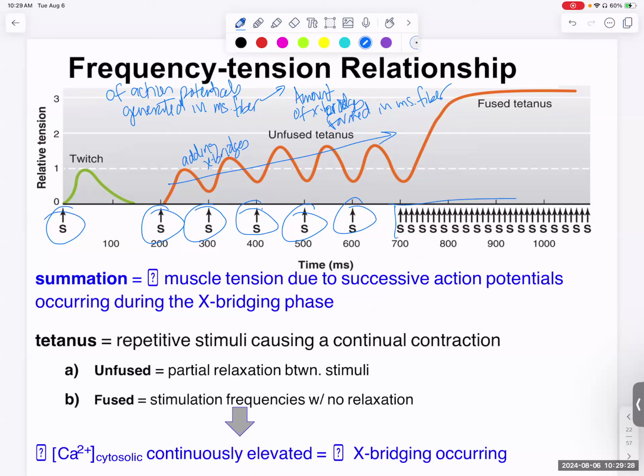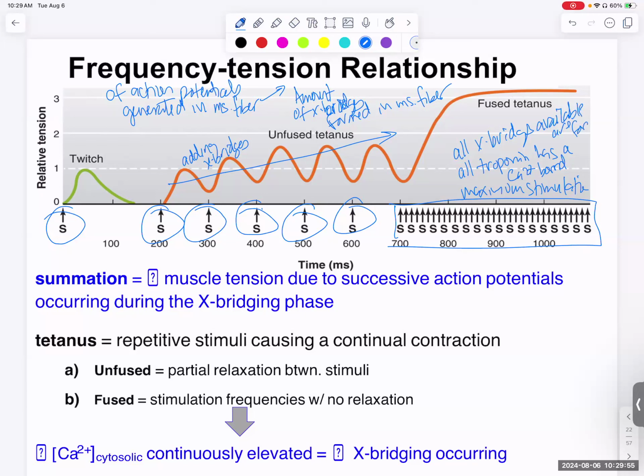Well, if you are maximally stimulating that motor neuron, then all troponin has a calcium bound, and so all cross bridges available are formed.